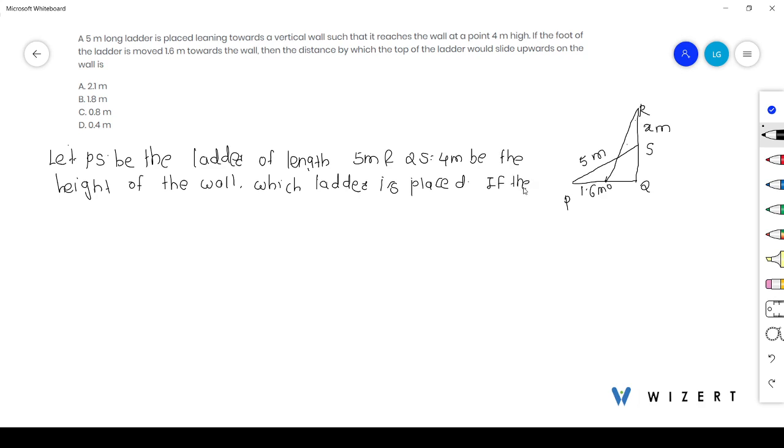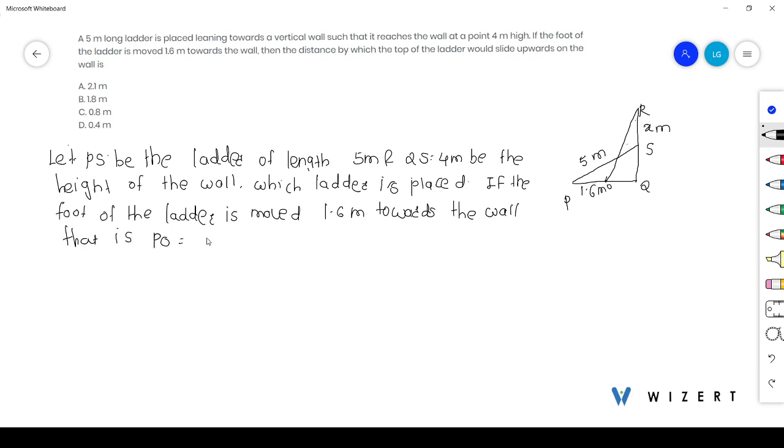If the foot of the ladder is moved 1.6 meter towards the wall, that is PO equals 1.6 meters, then the ladder slides upward, that is, this length will be X meters.